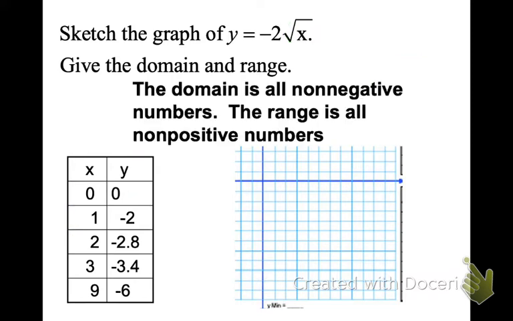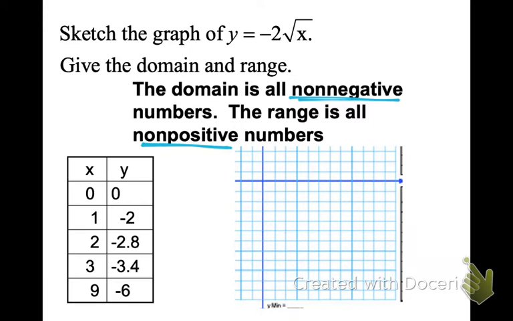So we would state our domain and range. The domain is all non-negative numbers, and the range is all non-positive numbers. Non-positive. Okay? 0 is neither positive nor negative. That's why we say non-negative and non-positive.